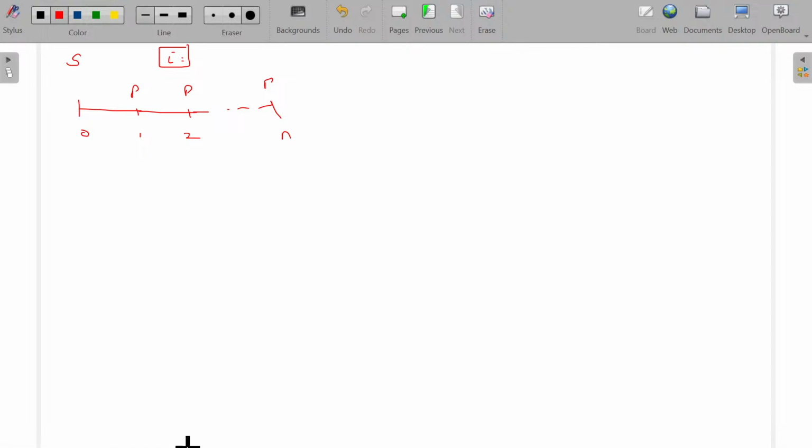In this case, S is equal to, first P should be brought to the 0th period. Clear? I can write it this way: P into (1 plus i) to the power minus 1, isn't it?